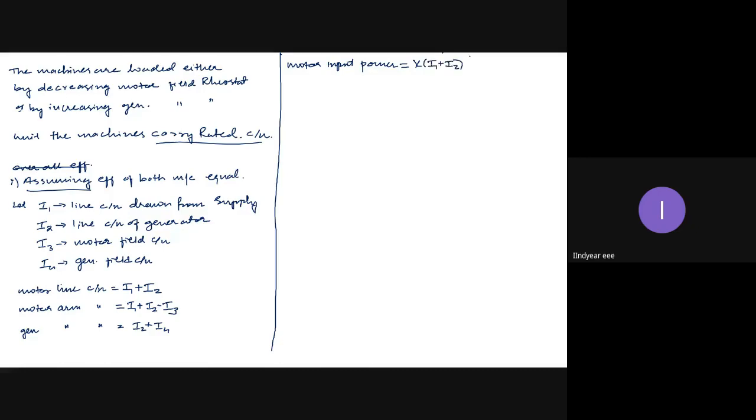V into I1 plus I2 is the motor input power. Now what is the generator output power? It is V into the line current, which is I2.